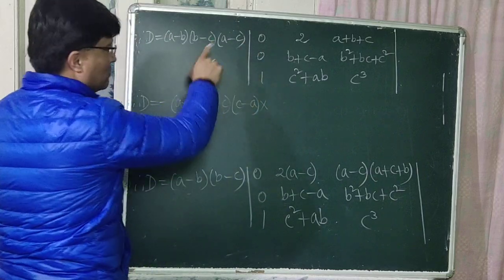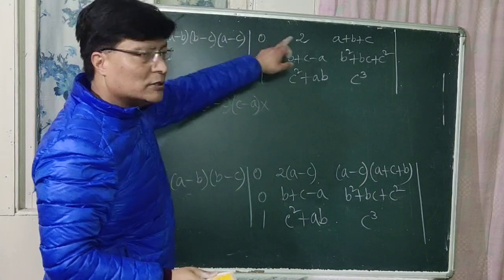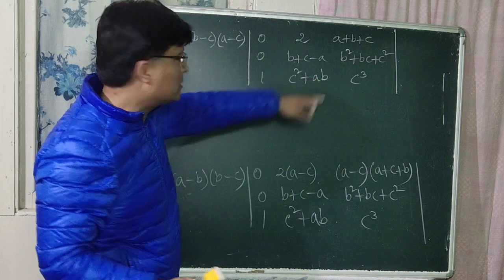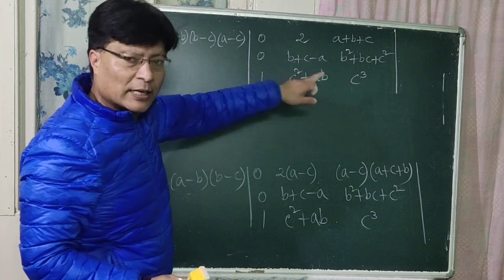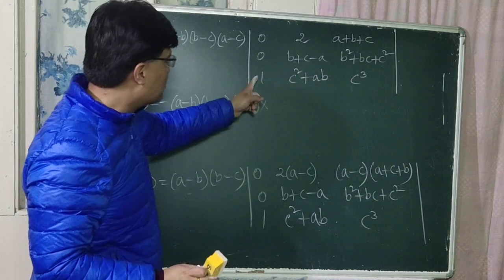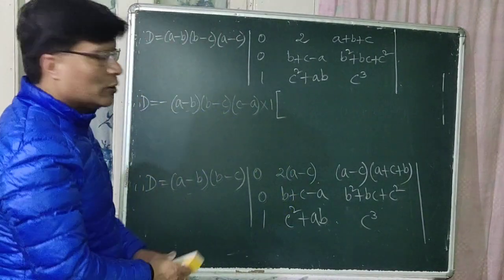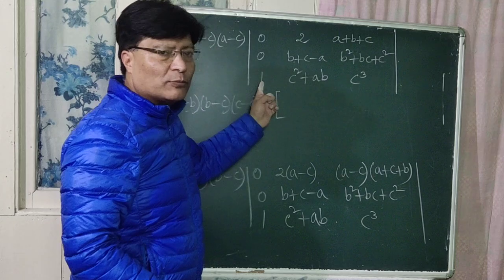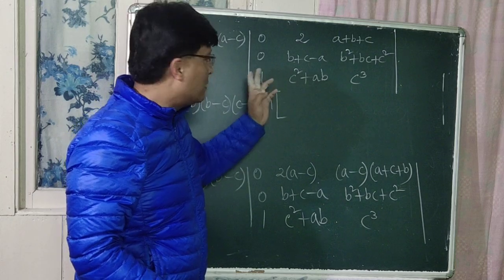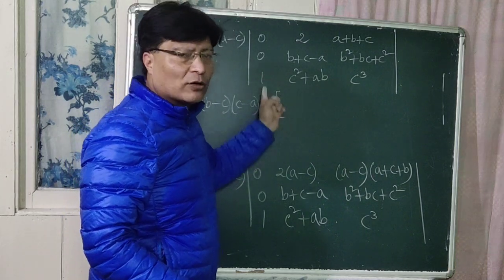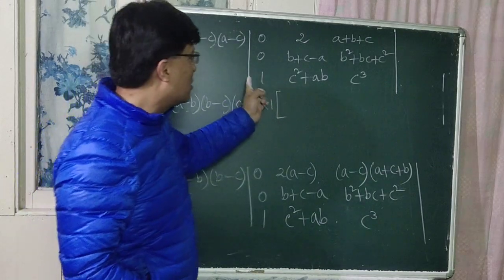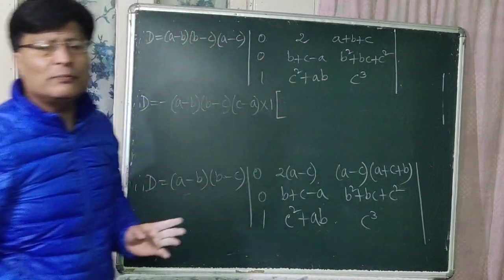Plus minus plus, but plus 0, 0 into any number, 0, don't write it. Minus 0, 0 into any number, also don't write it. But you have to write plus 1, so write down 1. Now you have to delete the row and the column through that element 1, that means you have to forget about the row and the column through the element 1, that is third row and first column.